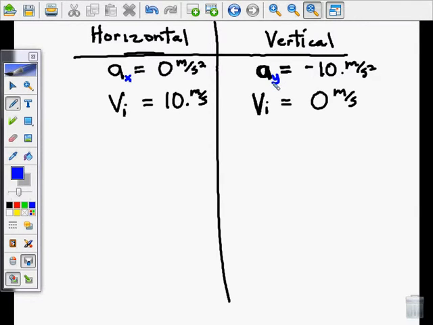Other people find the subscripts confusing, but if they're helpful, you can add them in. The initial velocity in the x direction was 10 meters per second. The initial velocity in the y direction was 0.